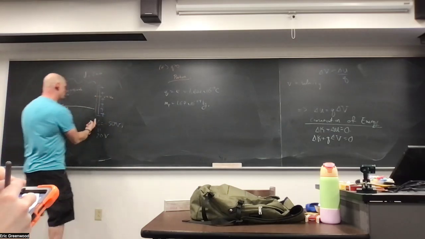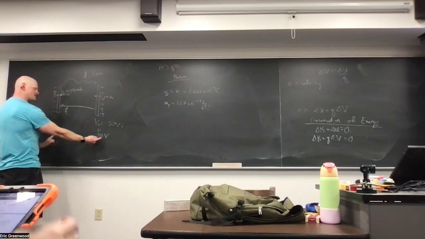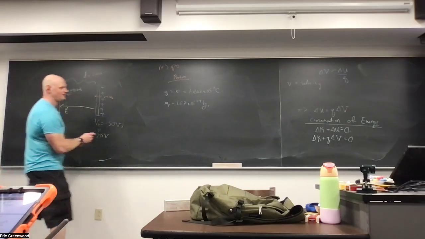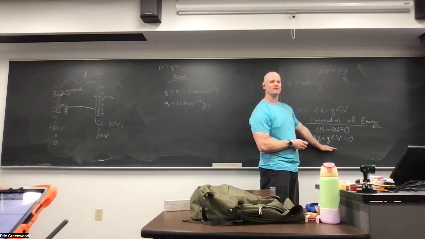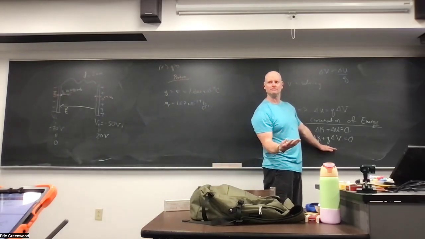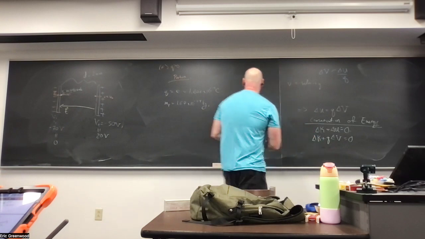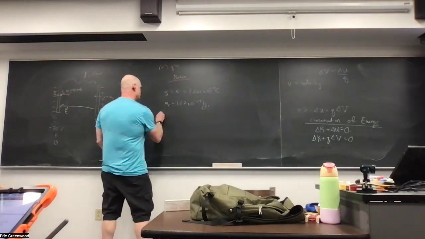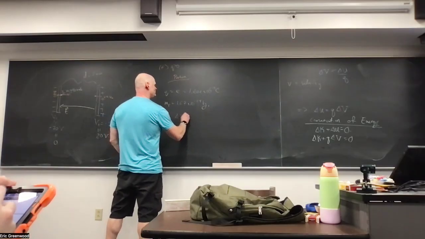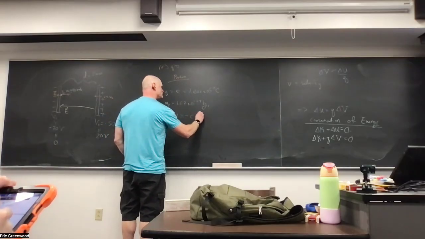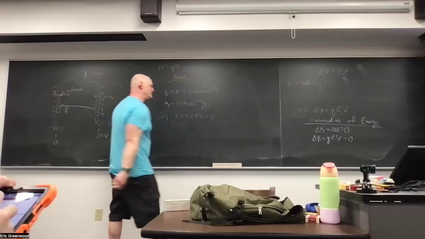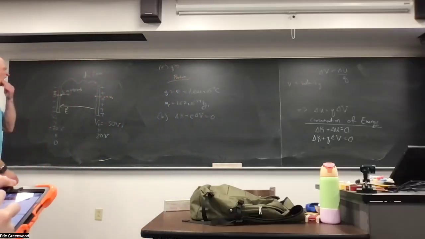Now, in this case, again, we want to know what is the velocity by the time it gets over here. So now we know the potential difference between the two. That's simply going to be 20. We know the charge, we know the mass, so now let's use conservation of energy to determine the final velocity. Okay with this? So conservation of energy then says for part B that our change in kinetic energy plus our charge, which is the fundamental charge, times my change in potential must then be equal to 0.